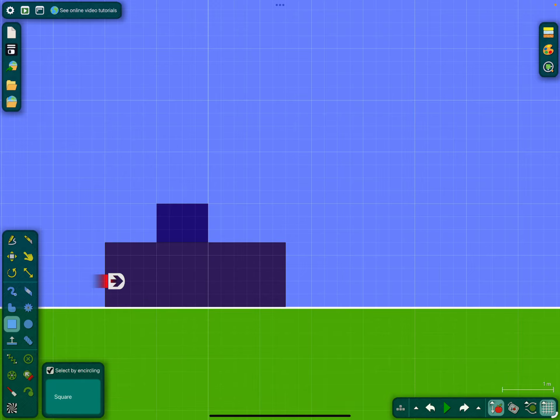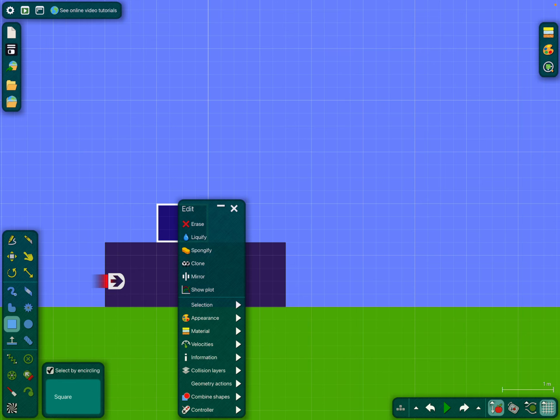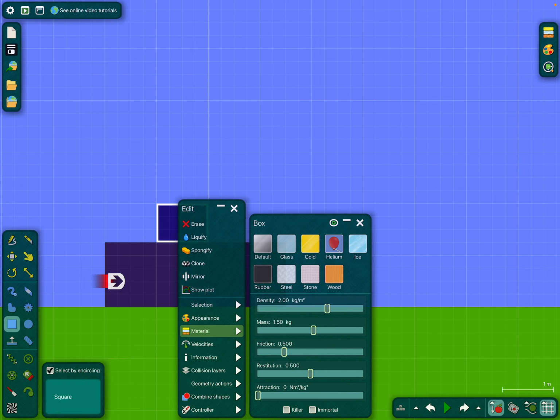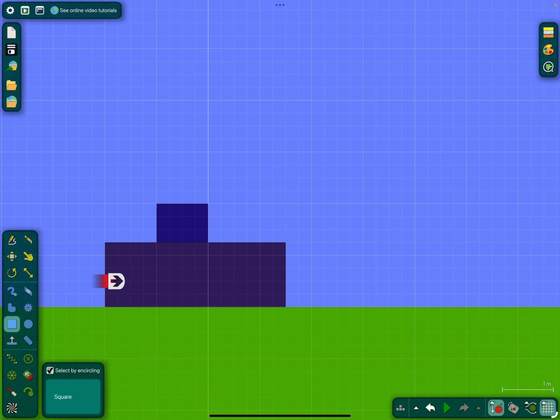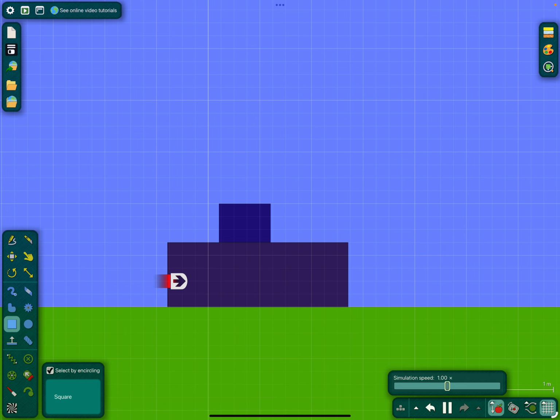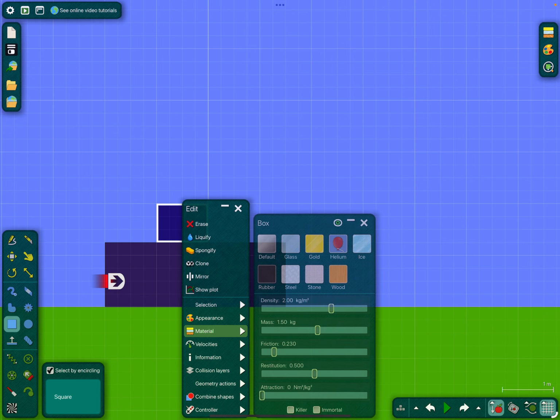But what if we change the coefficient of friction between these two? If I make the surface between these two slipperier, there's still friction, but maybe not enough to get the blue box to accelerate. Oh, there's enough there. Let's try lowering it some more.